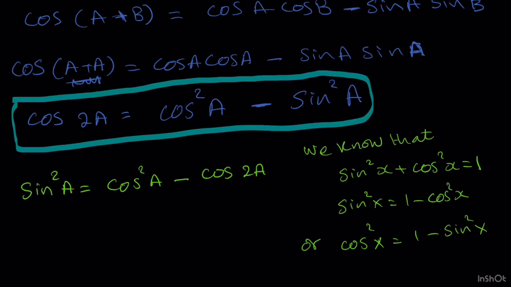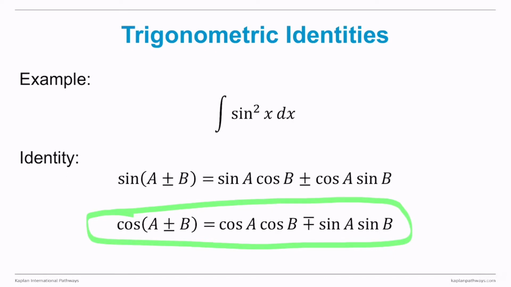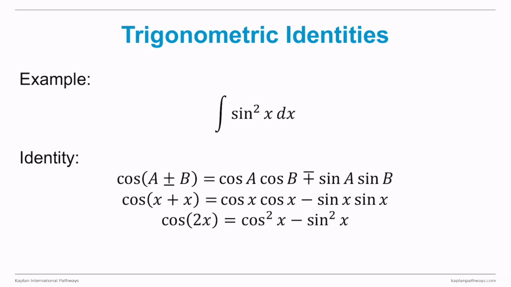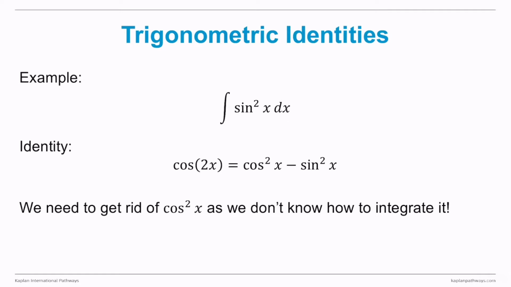Okay, so let's go back to the slides. This is just to say cosine A plus B is cosine cosine minus sine sine, and if it's the same angle, then cosine 2x is cosine squared minus sine squared. That's what I explained on the board. We reach the identity that cosine 2x equals cosine squared x minus sine squared x.